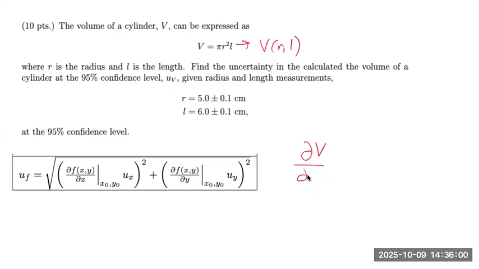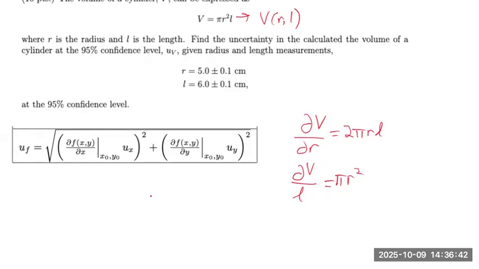Oh, sorry, I keep saying x, it's dV dr, and this is equal to 2 pi r L. And let's find the partial derivative with respect to L. This is equal to pi r squared. And we evaluate it at x naught, y naught, which in this case is going to be, I believe, the 5 and 6. Yes, it is indeed the 5 and 6.